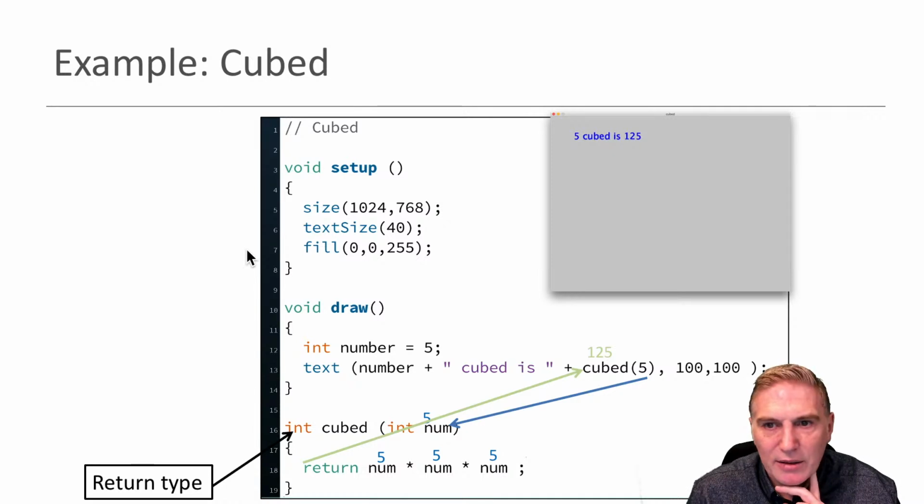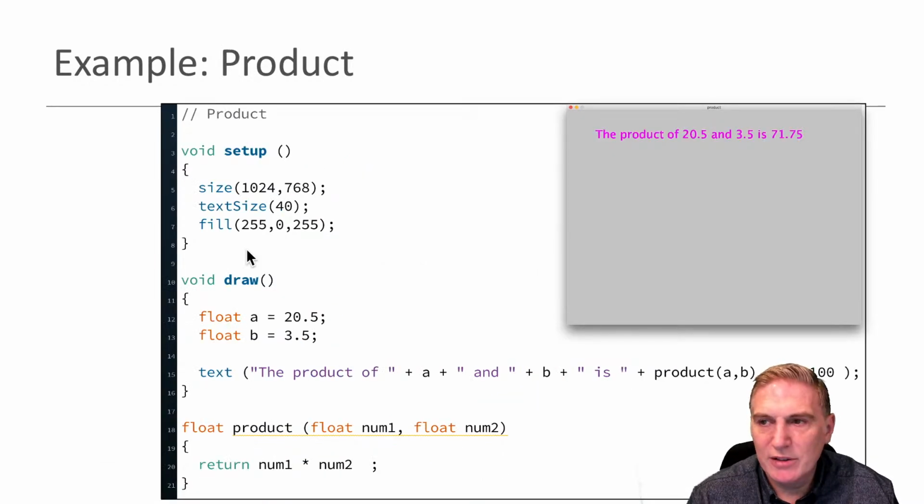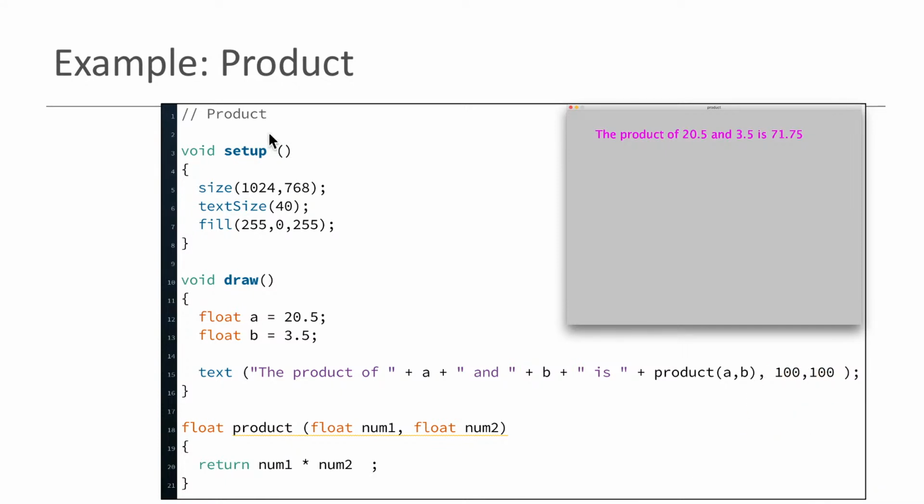So let's take a look at product. This is a very similar example. In this example, setup is similar to the previous one, except this time I've changed the text color that I'm outputting. I'm mixing R, G and B, so I'm mixing red and blue to create this kind of pink color. Then we've got the draw method.